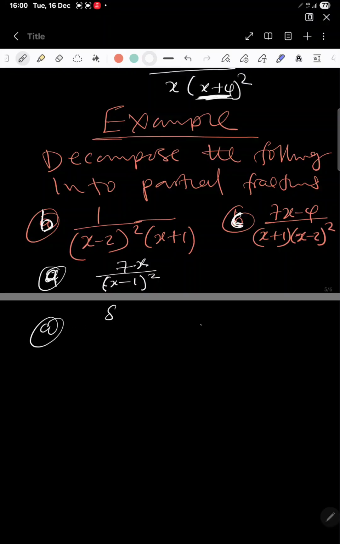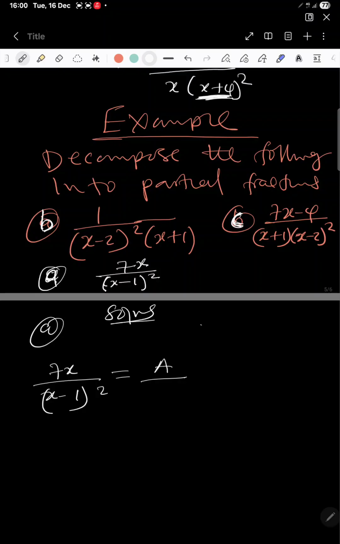For question A, solutions, we are decomposing 7x over x minus 1 squared into partial fractions. How do we decompose a repeated linear factor? You simply write this assumption: A over the first factor.